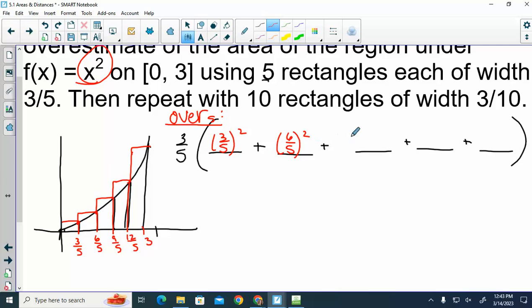The next one, my height was measured from the 9/5, and the 12/5. And the last one we were plugging in 3. Alright, so you're going to need a calculator to do these. They're all not nice and pretty. Alright, let's see what we get.